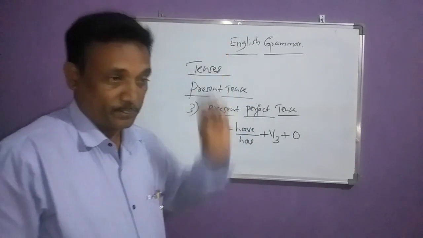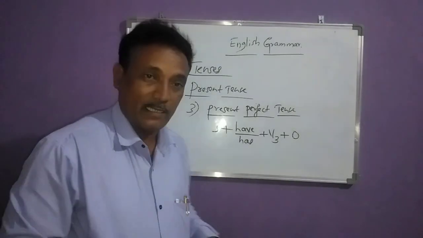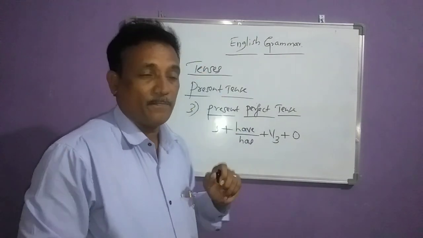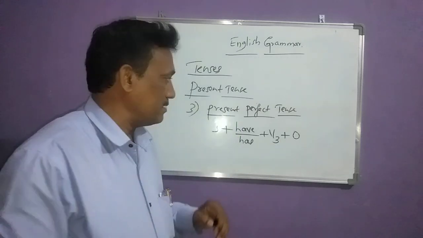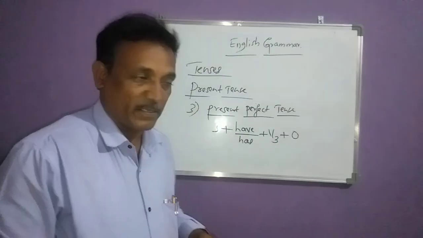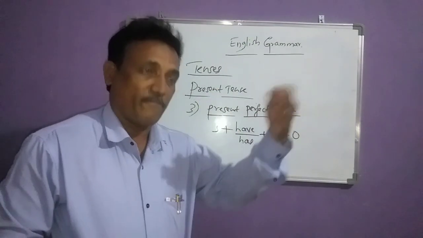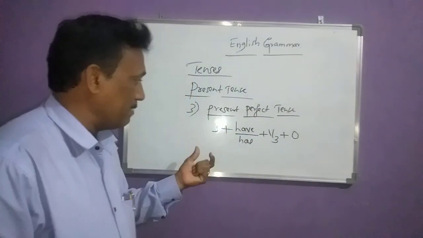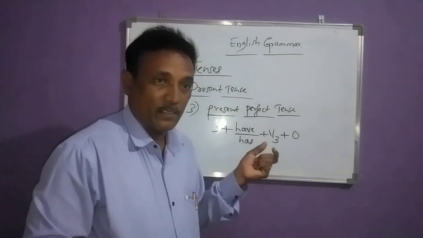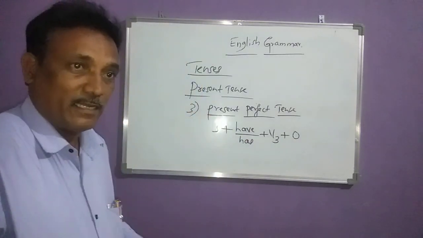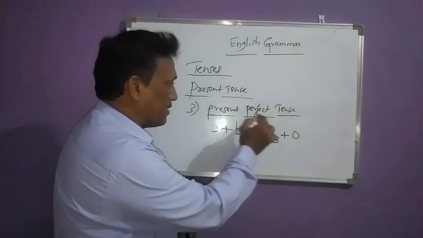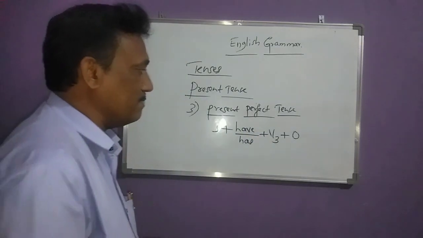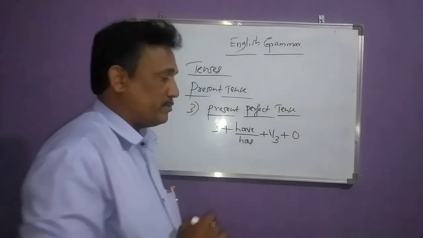In the last session also I discussed this by taking past tense, then present tense, and the third type in present tense. Even in the future tense, subject and object are common, but the things in between are going to change the tenses. So in present perfect tense: subject plus have or has plus V3 plus object.